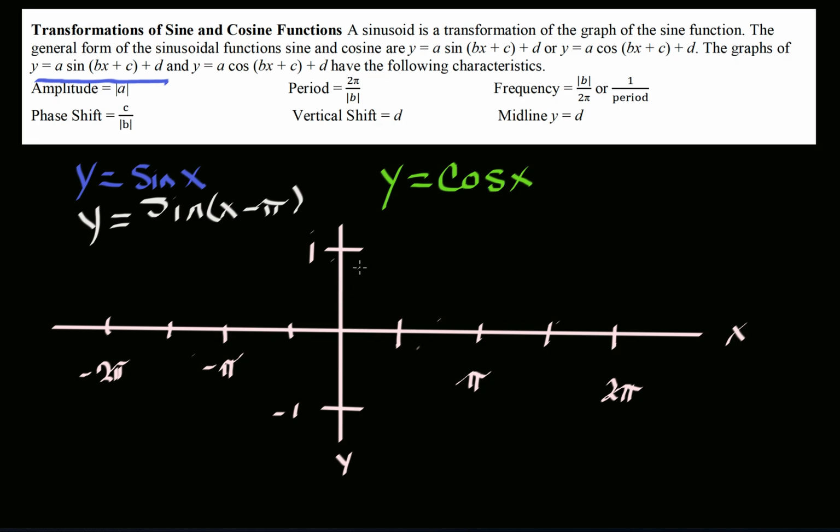So sine x, remember, was this guy, right? I'm just trying to do a little dotted line here and down to the bottom and then right there. So that's the sine x piece. But I'm going to shift it over. And so c, which is pi, over b, which is 1, is just pi. So I'm shifted over one whole space. And because it's negative, we shift over to the right.